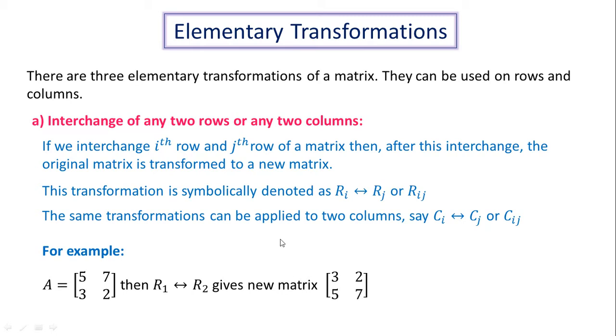This is a very important elementary transformation. All this is used to get the inverse of a matrix, which we will see in the next lecture. Remember, this is the first elementary transformation.